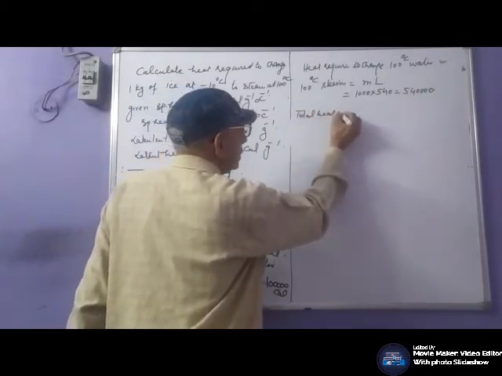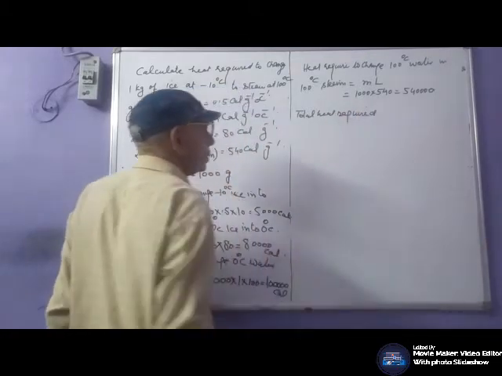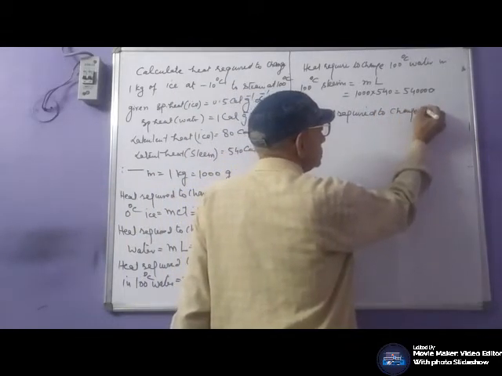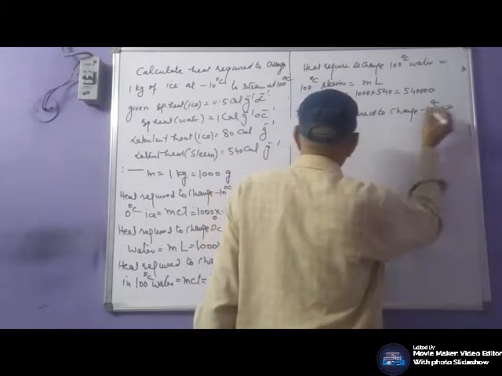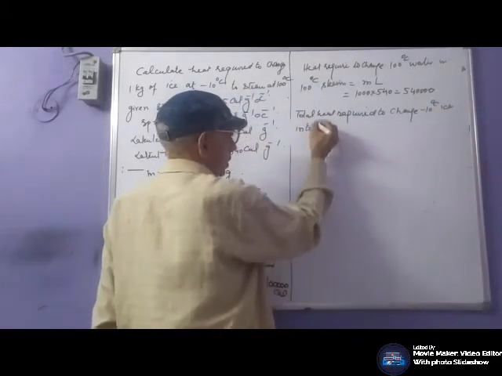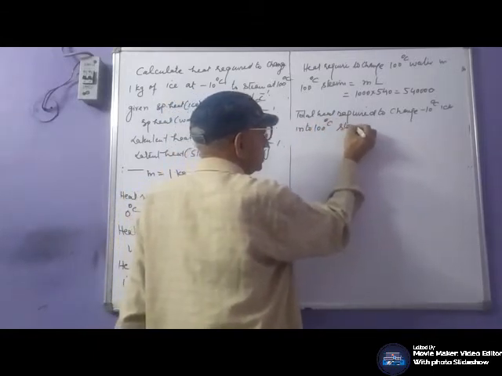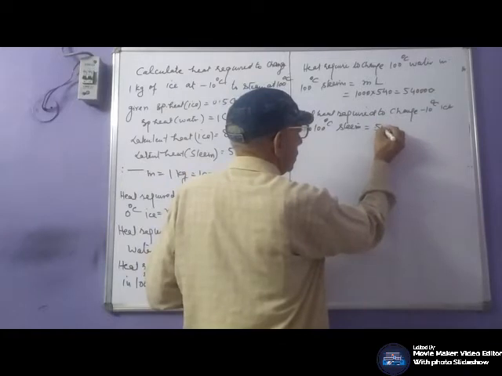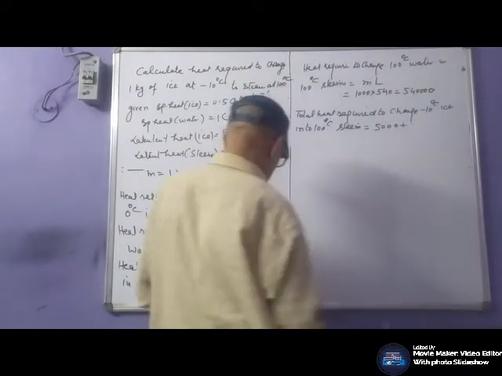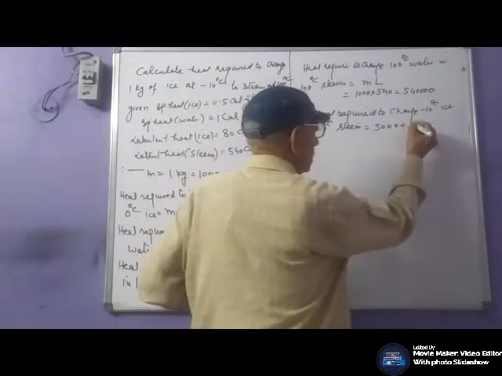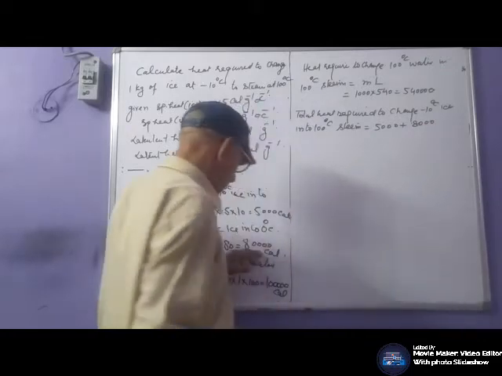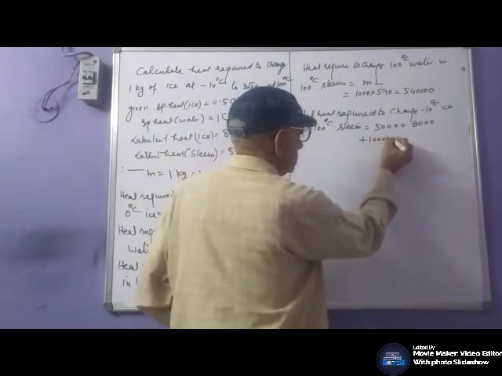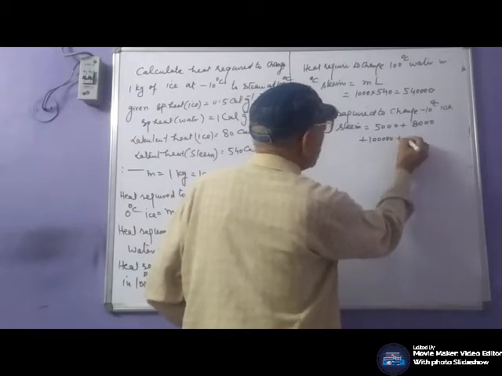Total heat required to change minus 10 degrees Celsius ice into 100 degrees Celsius steam: calories plus calories plus calories plus calories.